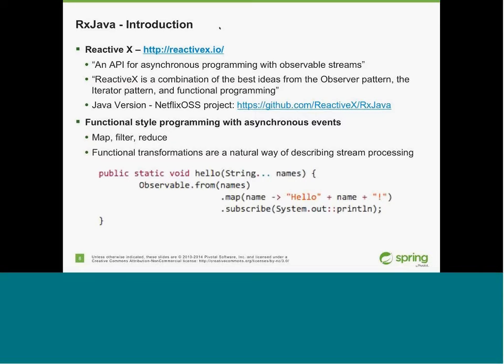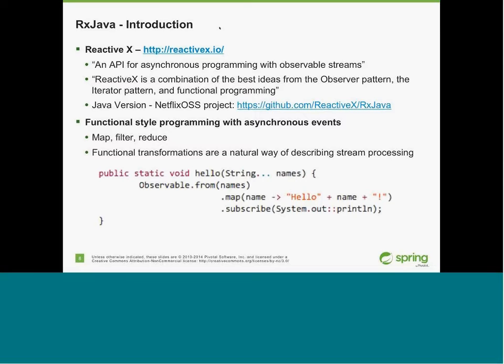So here's an example of a bounded stream where we just have basically a list of names, and observable is the key API point in RxJava. It's what you basically operate over, and you can create an observable from a collection, in this case a list of names, and then here we're just simply transforming it, tagging on the hello string.